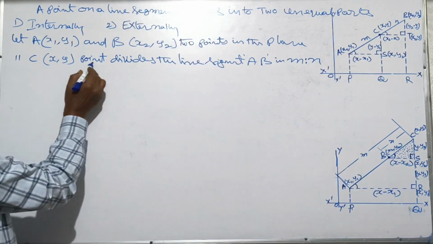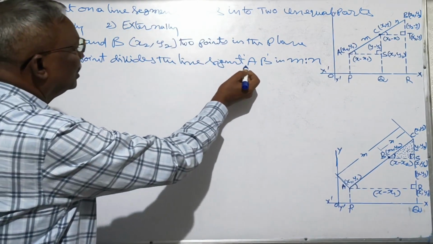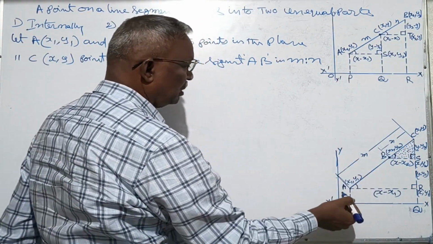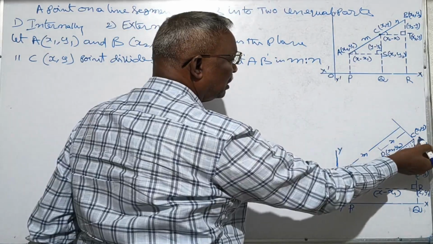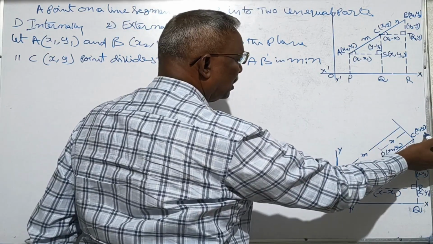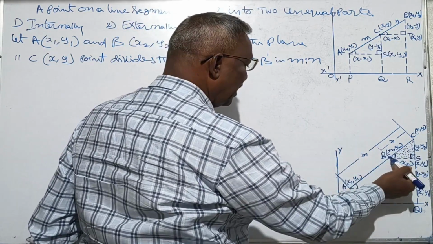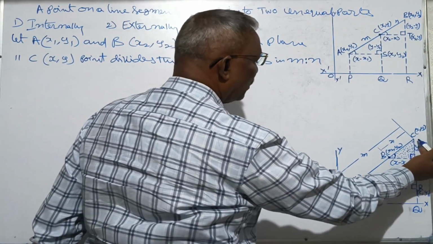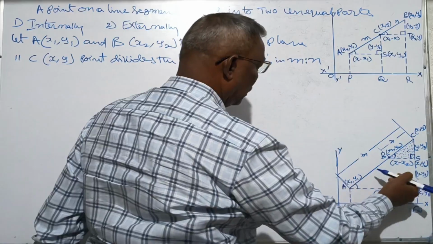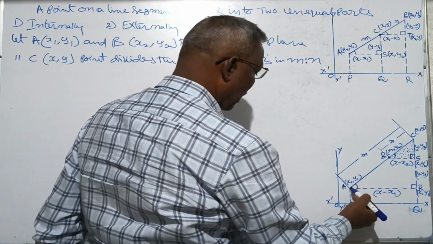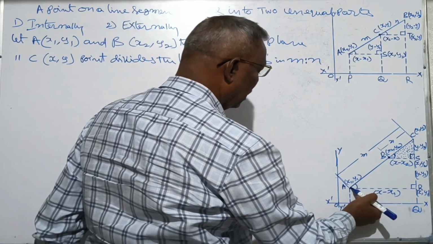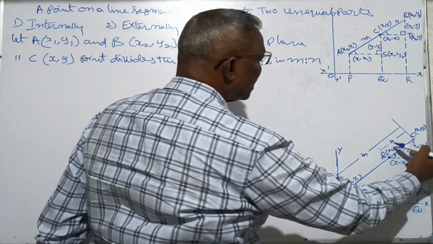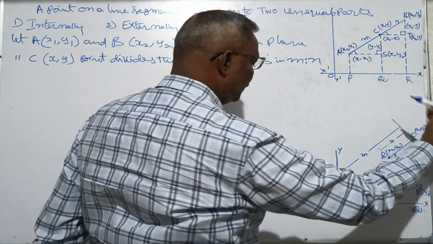Let C(x, y) divide the line segment AB in m:n ratio externally, that is, point C divides line AB externally, so that means from outside. The line segment AB is here, and the dividing point is outside of the line segment.